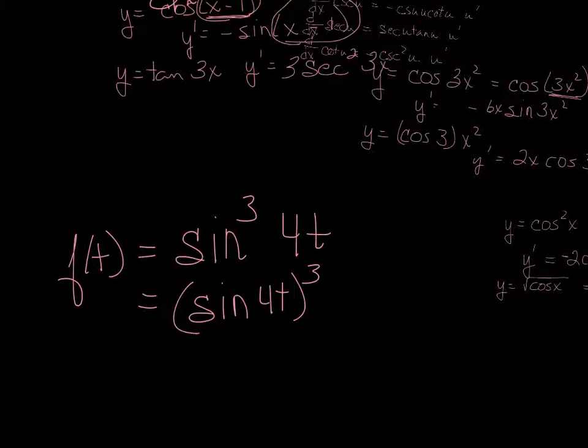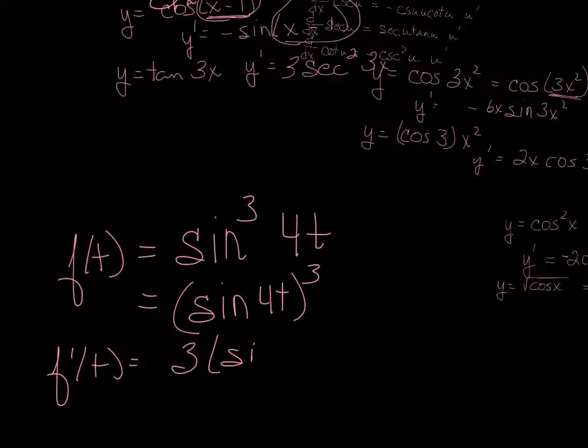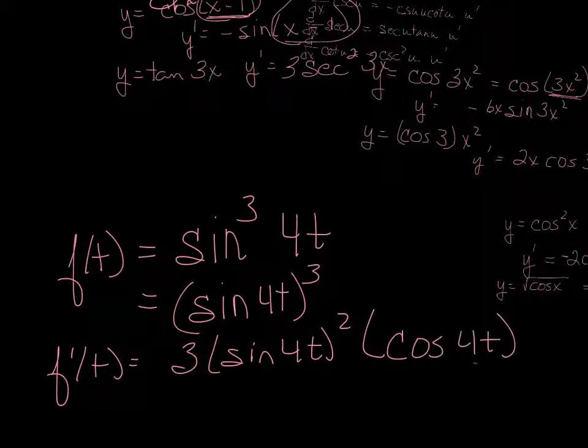The inner function is the sine of 4t. So if we take the derivative, it's going to be 3 times the sine of 4t squared. What's the derivative of the sine of 4t? Cosine 4t. And what's the derivative of 4t? 4. So this becomes 12. And if you want to write it this way, you can.